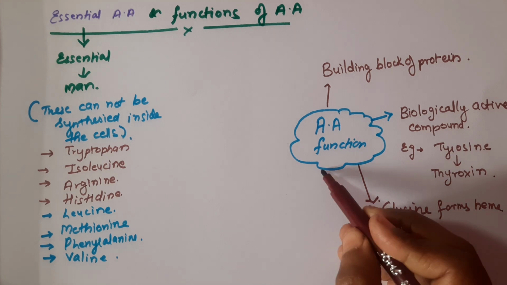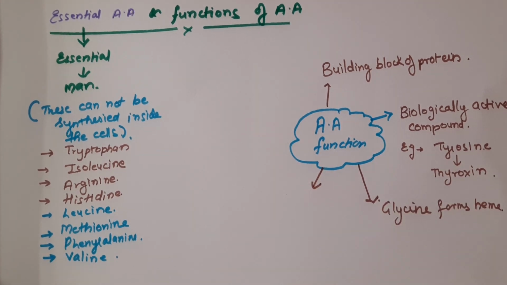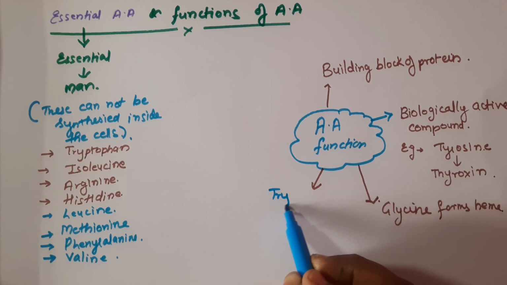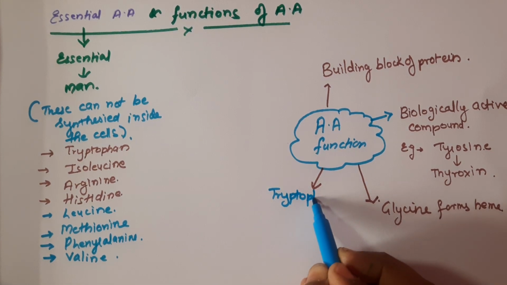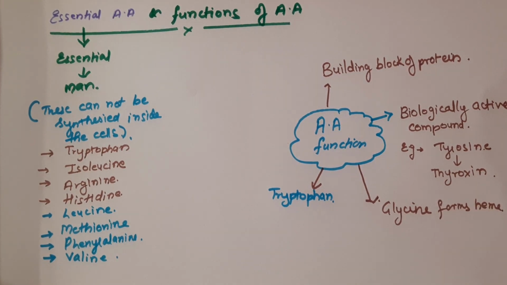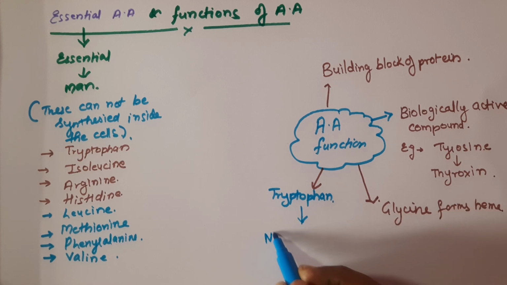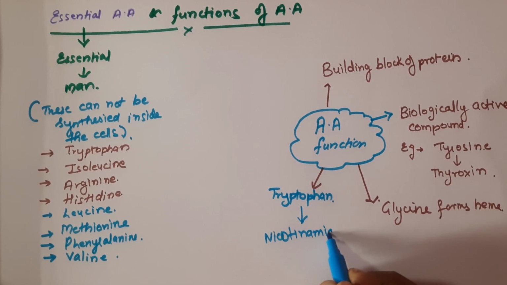The next function, there is amino acid tryptophan, that is also an essential amino acid. So we are talking about the function of amino acids. The amino acid tryptophan will take part in the formation of nicotinamide, and nicotinamide is a vitamin.